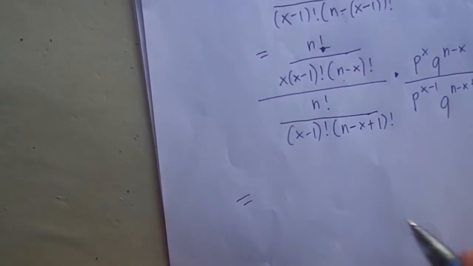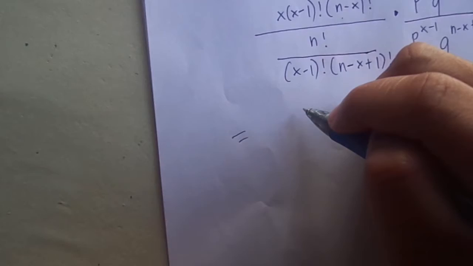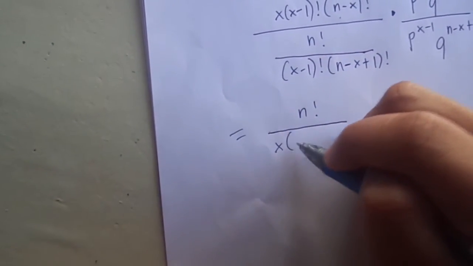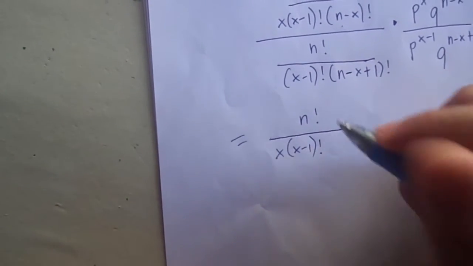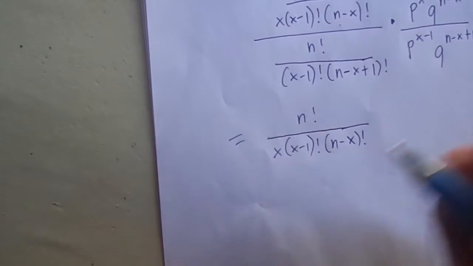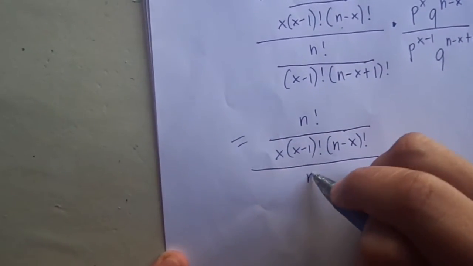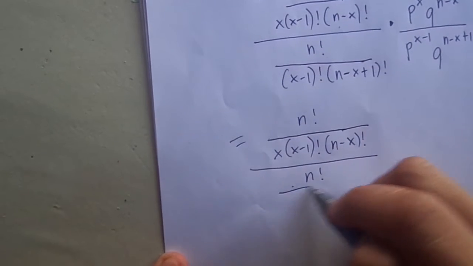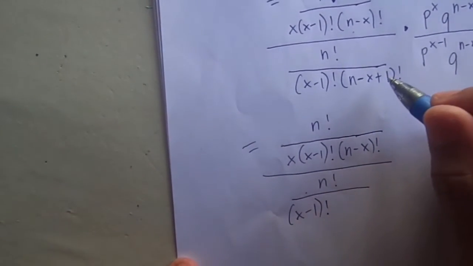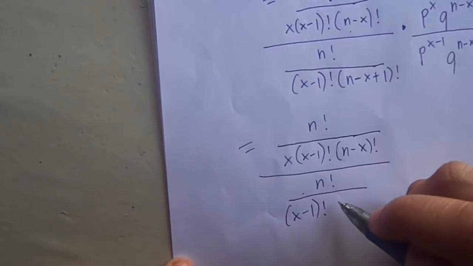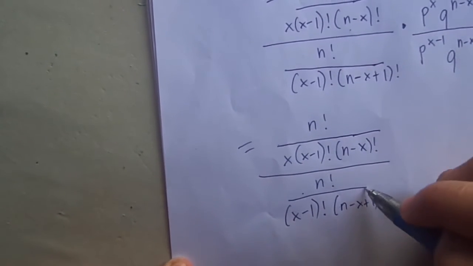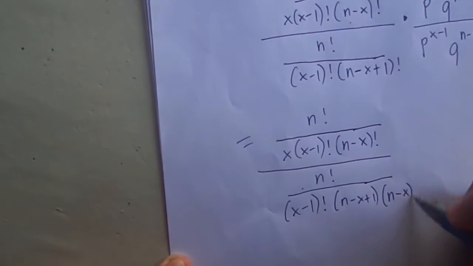So we have now n factorial over x times x minus 1 factorial times the quantity n minus x factorial, all over n factorial over the x minus 1 factorial. Then n minus x plus 1 factorial can be equal to n minus x plus 1 times n minus x factorial.